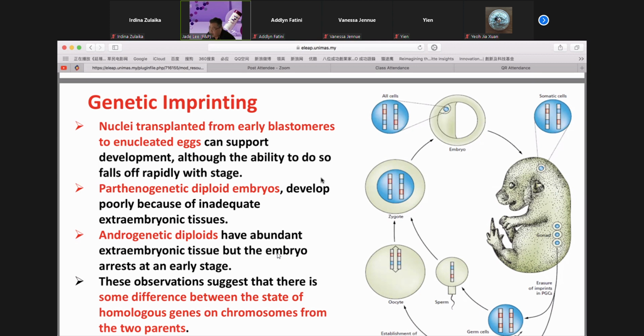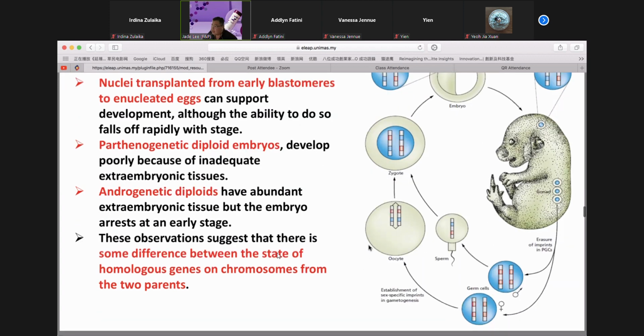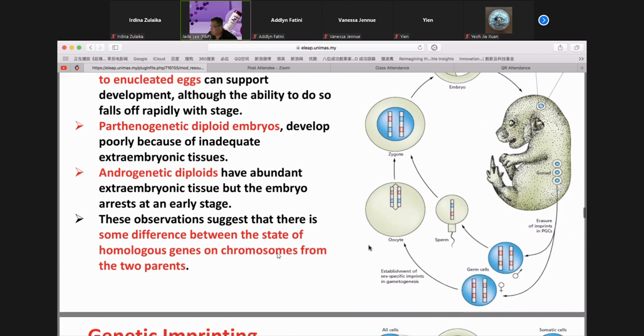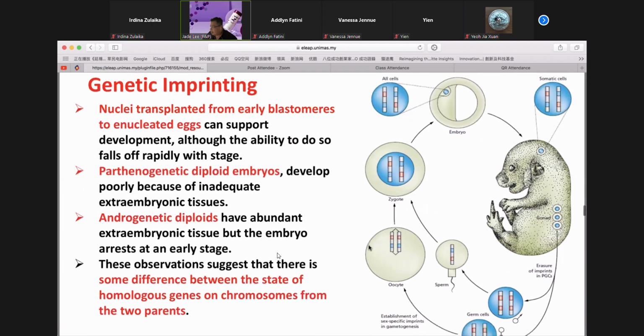Can you understand what I mean? So genetic imprinting is also very interesting. For example, Angelman syndrome and Prader-Willi syndrome, which affect chromosome 15, are because of genetic imprinting. Maybe we will look at it further in the coming lecture.